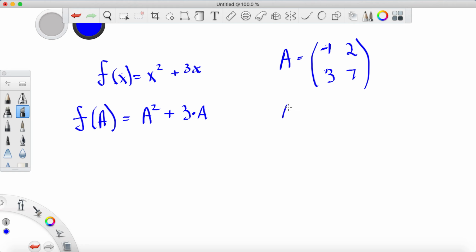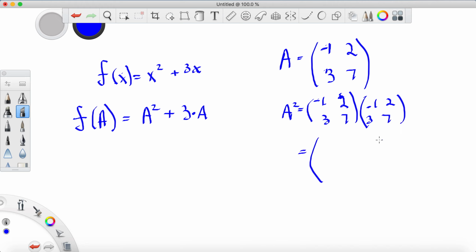So what's A squared? Well, we just discussed how to do matrix squaring. So I'm just going to write the matrix twice and carry out the calculation. Okay, so -1 times -1 gives me 1 plus 6, right? 2 times 3.